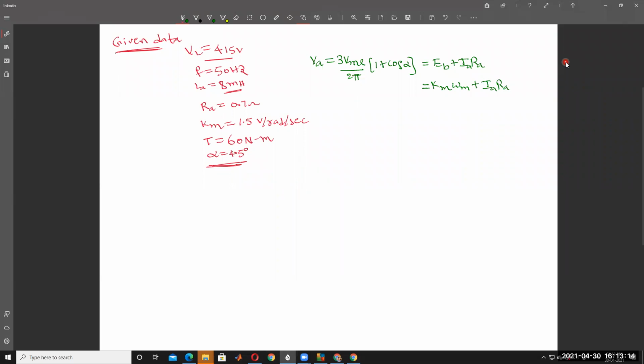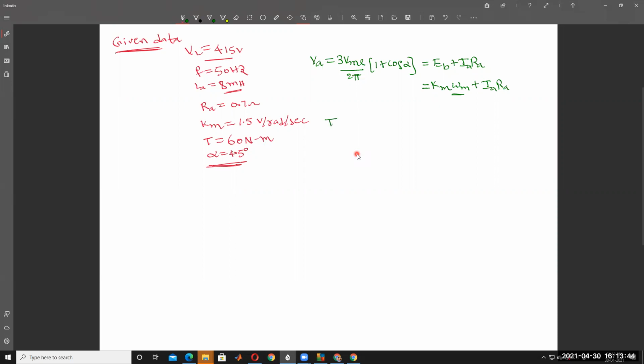And here omega m is equal to 2 pi N by 60, so we'll get it later. What is unknown here? The armature current is not there. By using the torque relation, we'll get the armature current. Motor torque is given, 60 Newton meters.